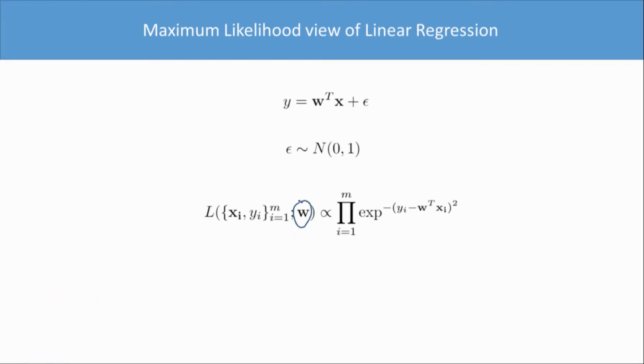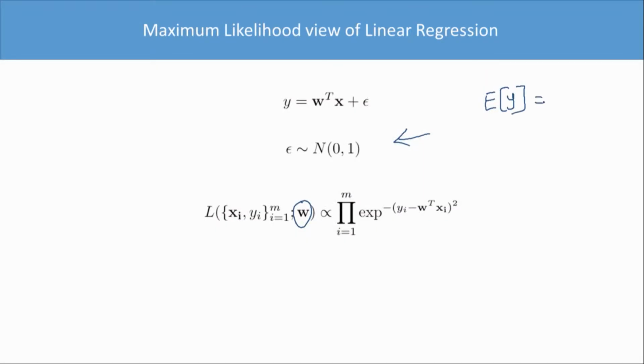If I just call this w some vector w, for any vector w, what is the chance that this data set could have come using this w? I can talk about chance because I am assuming a generative model for data, so there is a probability involved. What is the probability that if I had used w, I would see this data? That is the question I am asking, right?